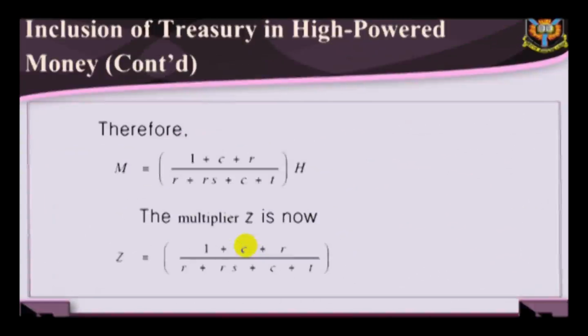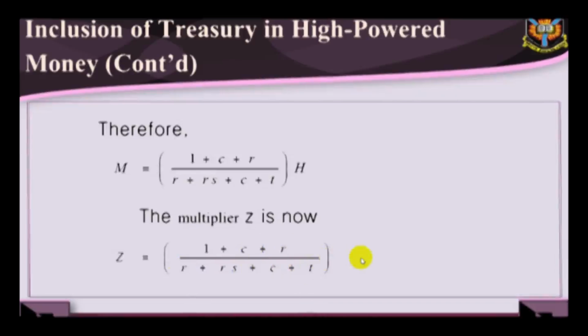Therefore, M equals (1 plus c plus s) over (r plus rs plus c plus t), all in brackets, of H. The multiplier Z is now Z equals (1 plus c plus s) over (r plus rs plus c plus t).